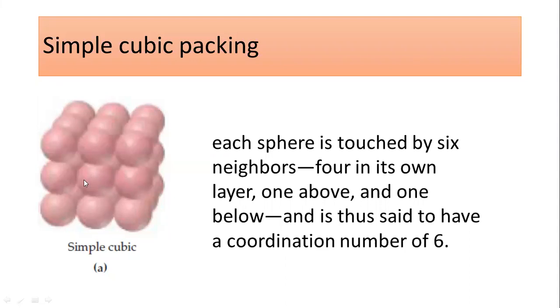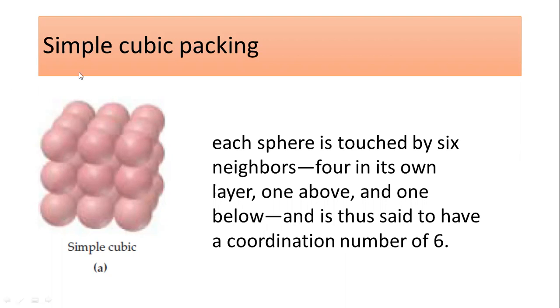How? Let's suppose this is the central ball, and if you have a look at this ball, it is going to be packed with the fourth one and fifth one and sixth one, and so on. If you look at this sphere or the ball or the atom, this ball is touched with six neighboring atoms.